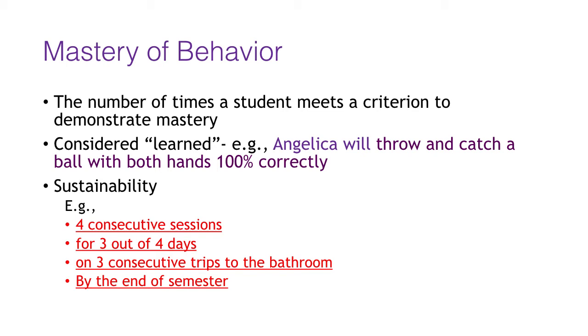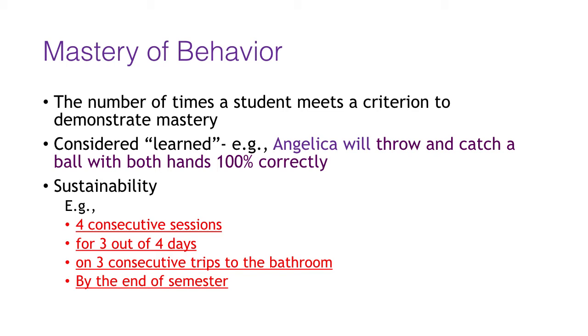So you can set the time. Either describe the sustainability, for example 4 consecutive sessions, or you can set the timeline for the objective, so by the end of the semester, or by the end of June 2020. You can have either way.